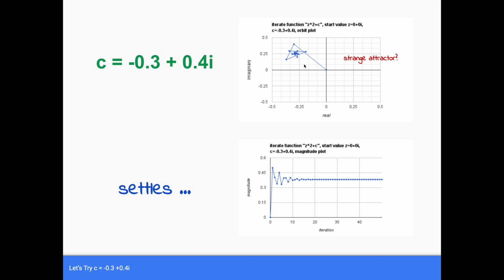Not seen that before, this kind of behavior where it doesn't escape totally. It seems to fall into a magic point. Wow. And the magnitude reflects that, where it oscillates up and down and then gets very, very close to some magic value. That is interesting, isn't it? Really unusual behavior.